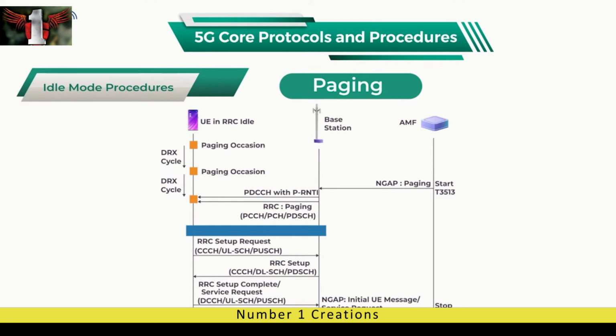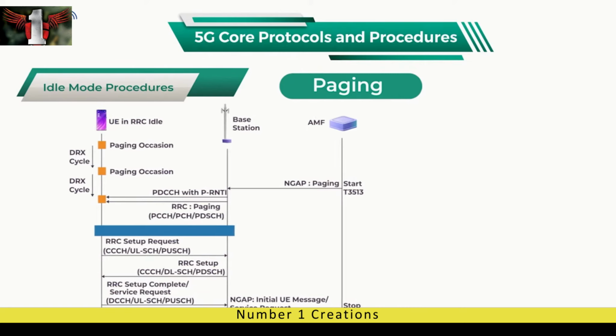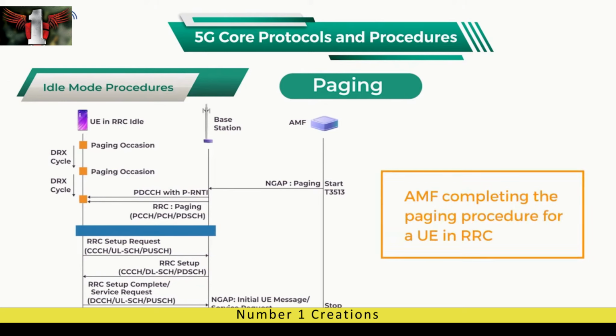If the paging attempt is unsuccessful, then the AMF can resend the paging message using the full set of base stations. This type of solution reduces paging loads at the cost of increased delay for UE which have moved to a different base station. The figure on the screen shows an AMF completing the paging procedure for a UE in RRC idle.